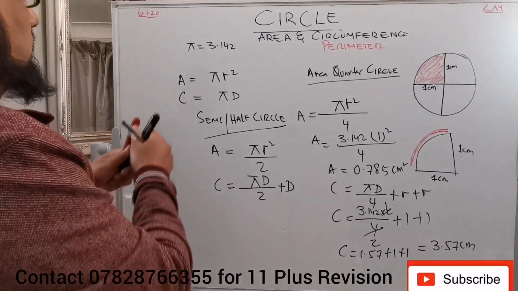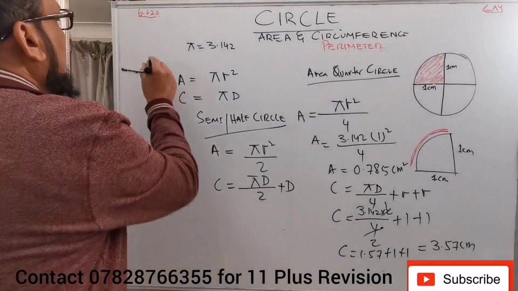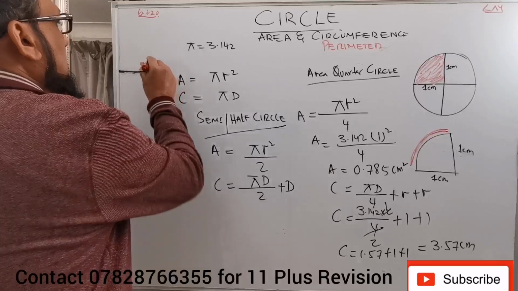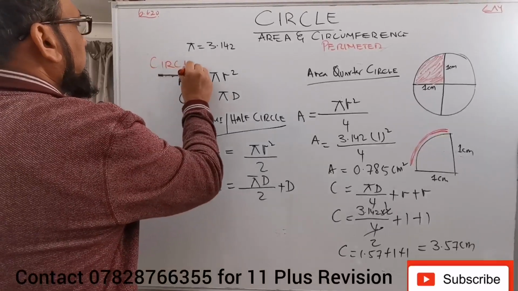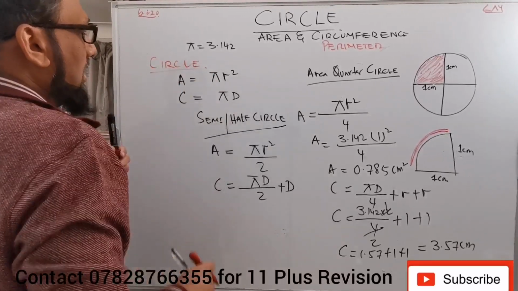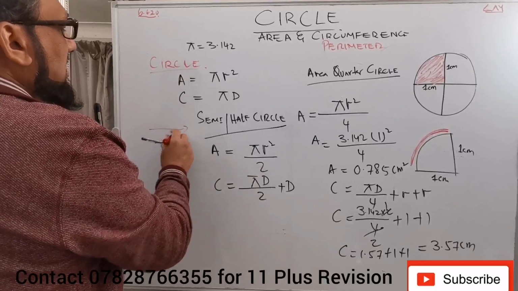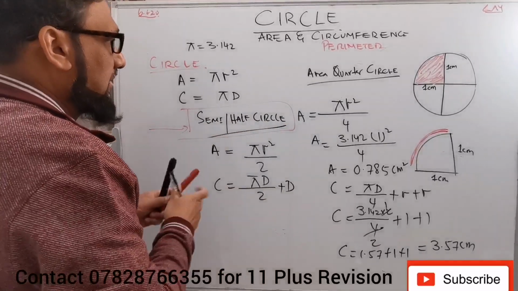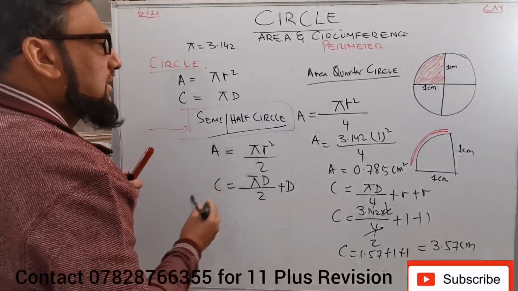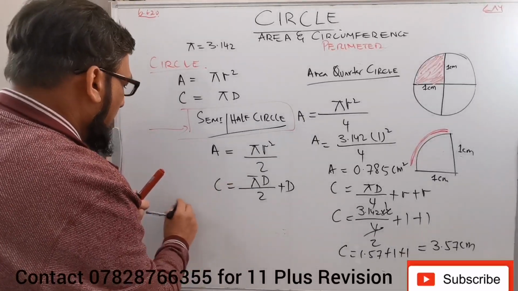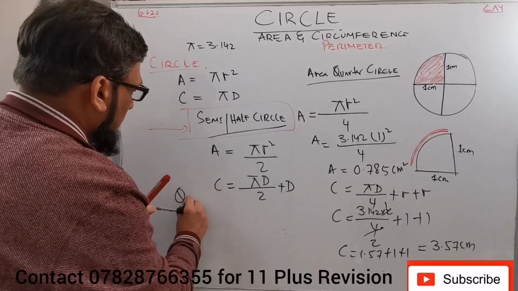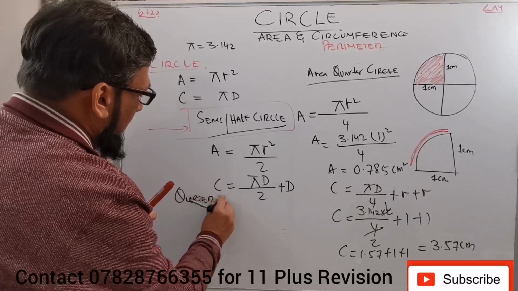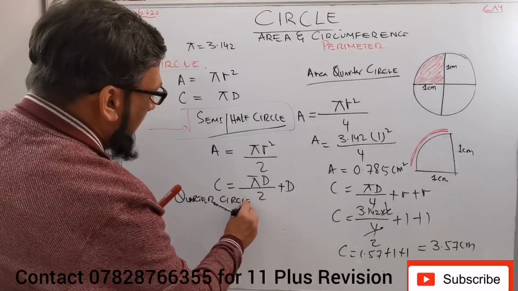So if I summarize, this is the circle, this one is the semicircle, and this is the quarter circle.